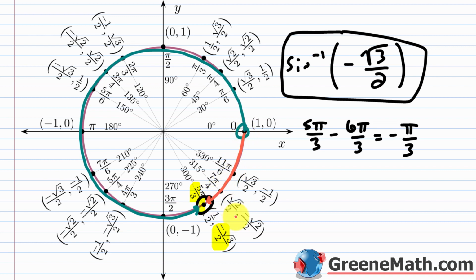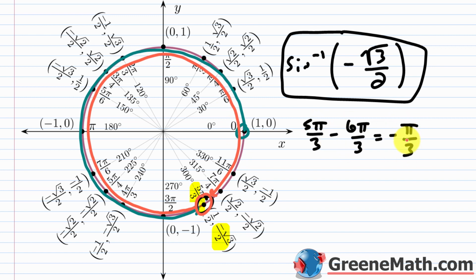That's the angle I want, which is -pi/3. So what you would have to do is start from here and rotate by -2pi, and then come back to right there. So essentially you have 5pi/3 minus 2pi, or minus 6pi/3, which gives you that -pi/3.